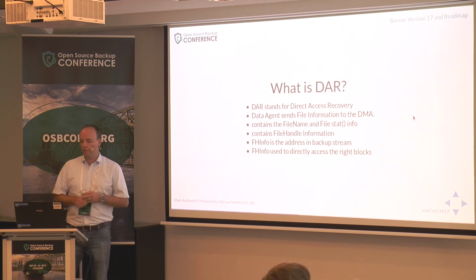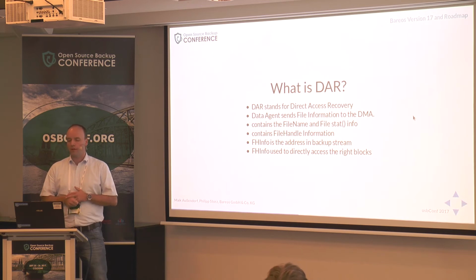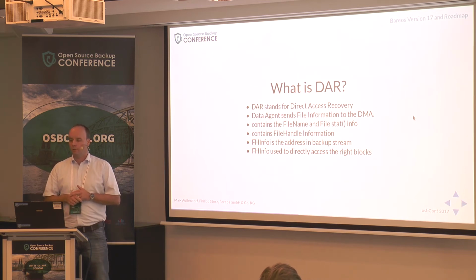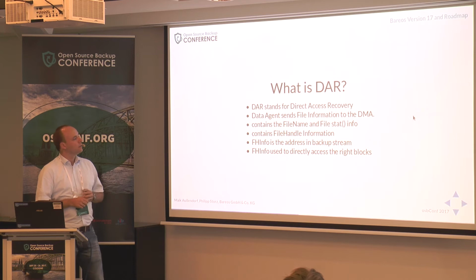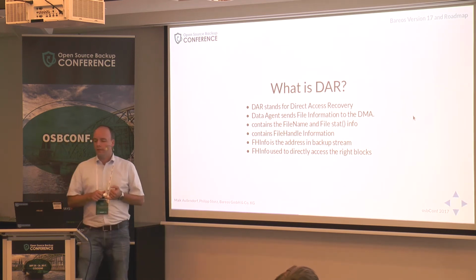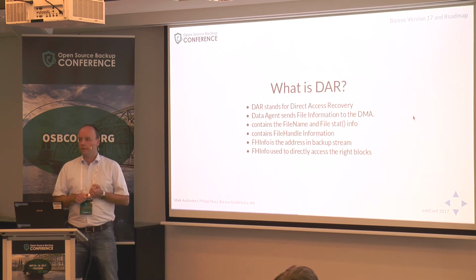Something else that I need to explain, because that's something that we now support, is DAR. DAR stands for Direct Access Recovery, and it is about the fact that during the backup operation, the data agent not only sends the data to the tape drive, but also sends the metadata to the data management application. So it gets information about what files and directories are currently being backed up, the file rights, and some other information.